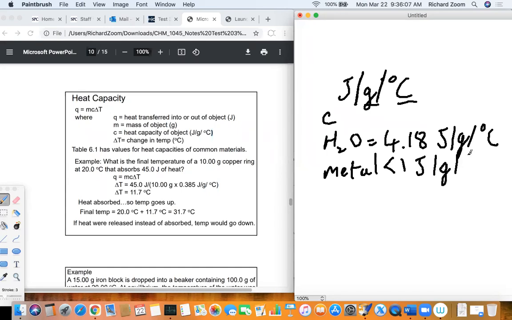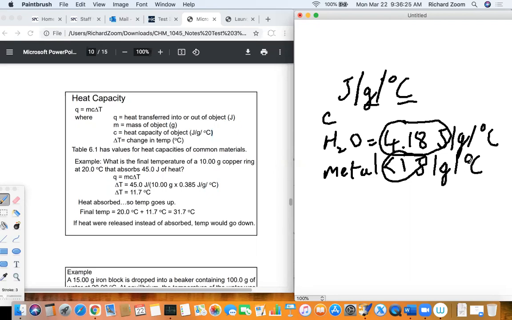So water can take a whole lot more energy to raise 1 gram 1 degree Celsius, whereas metals need a lot less energy to raise 1 gram 1 degree Celsius.